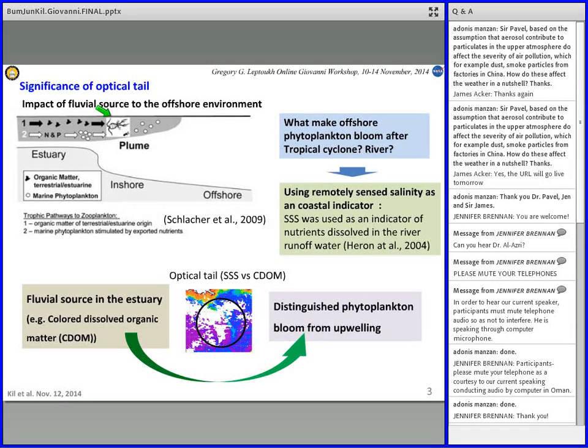To try to answer that hypothesis, we utilized remotely sensed salinity because of its ability to distinguish between a bloom fed by fluvial input and one fed by upwelling.